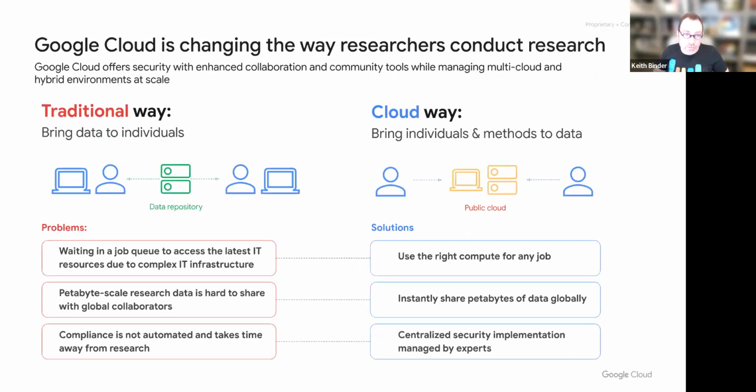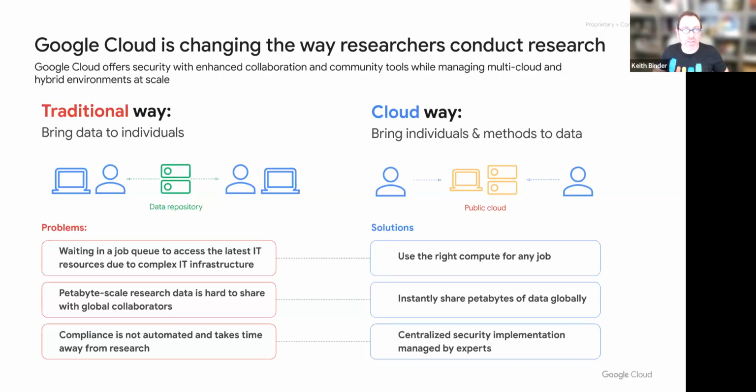So what are we doing, right? What is Google Cloud doing to change the way you as a research community are conducting your research? If you look at how researchers typically would approach a research challenge, they would have to, in some respects, bring the data to the compute, right?